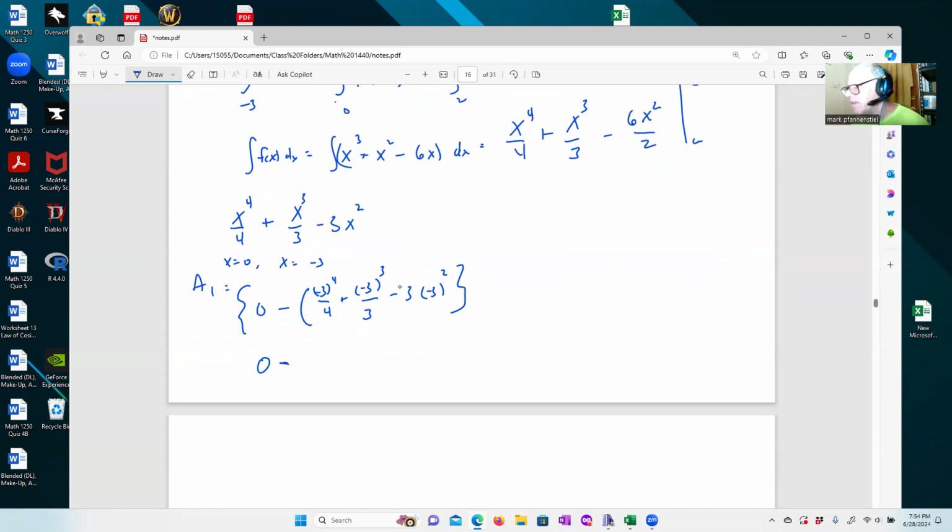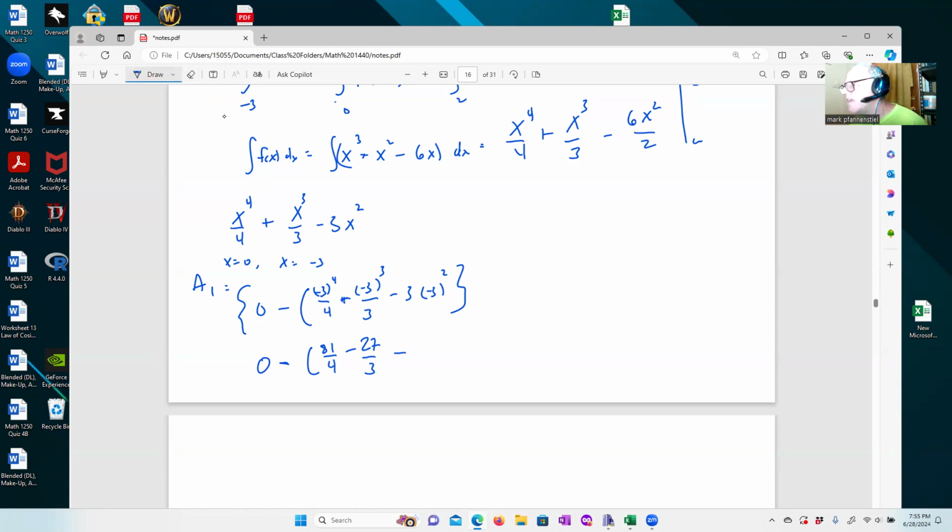That's really important. -3 to the 4th is going to turn positive, so we end up with 81 over 4. Okay, we have -3 times -3 times -3. This is going to be a negative, so we're going to have 27 over 3. Okay, plus, actually rather, minus, because I'm carrying this negative.